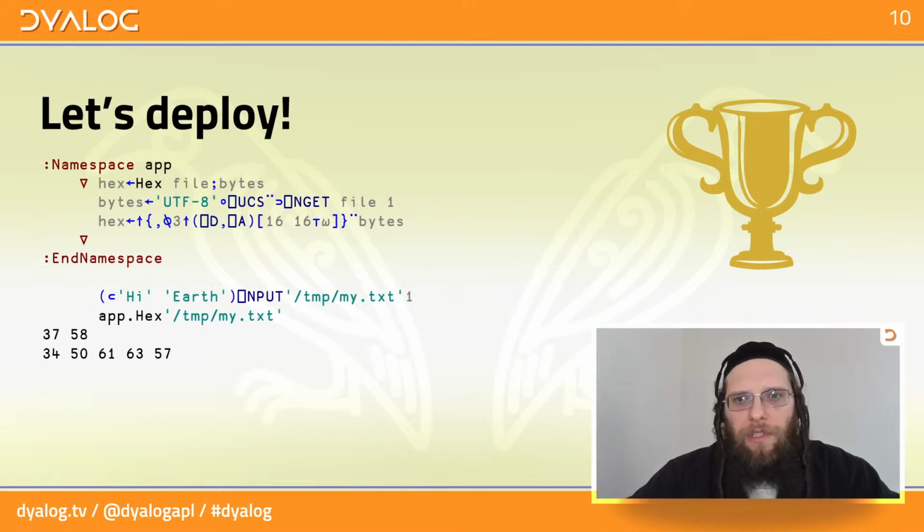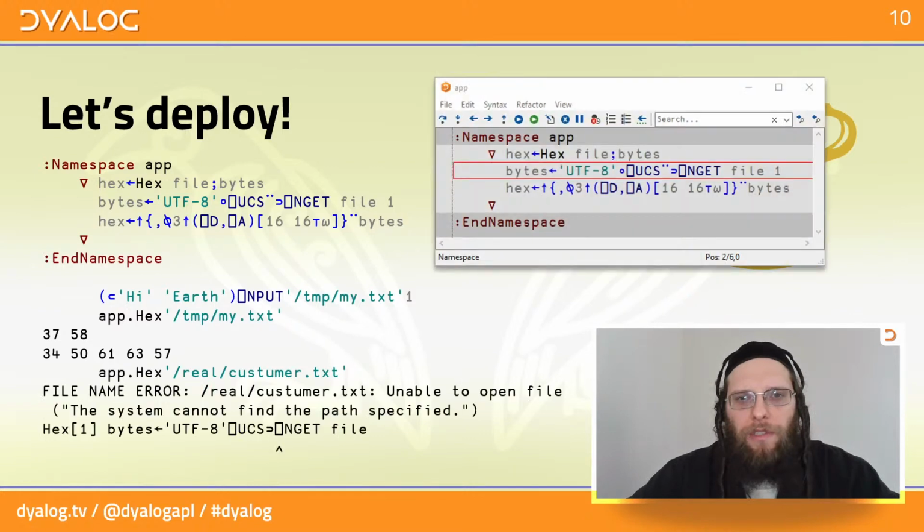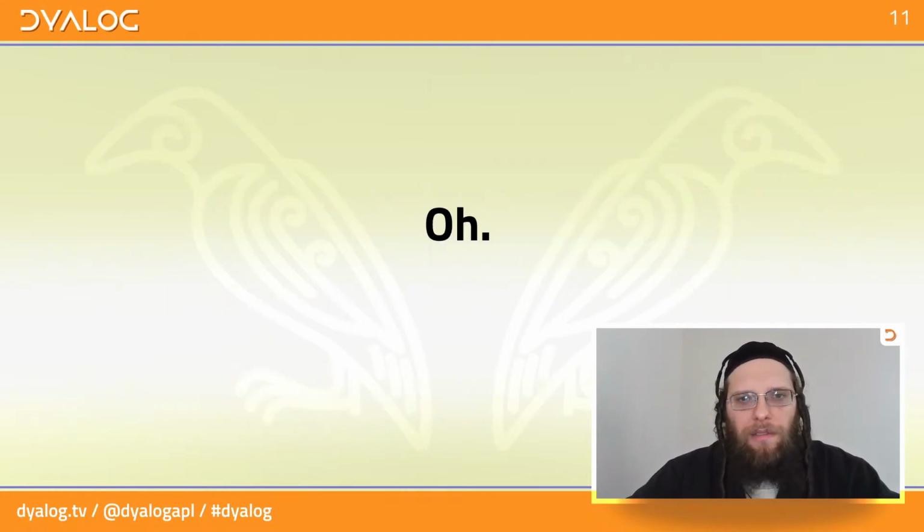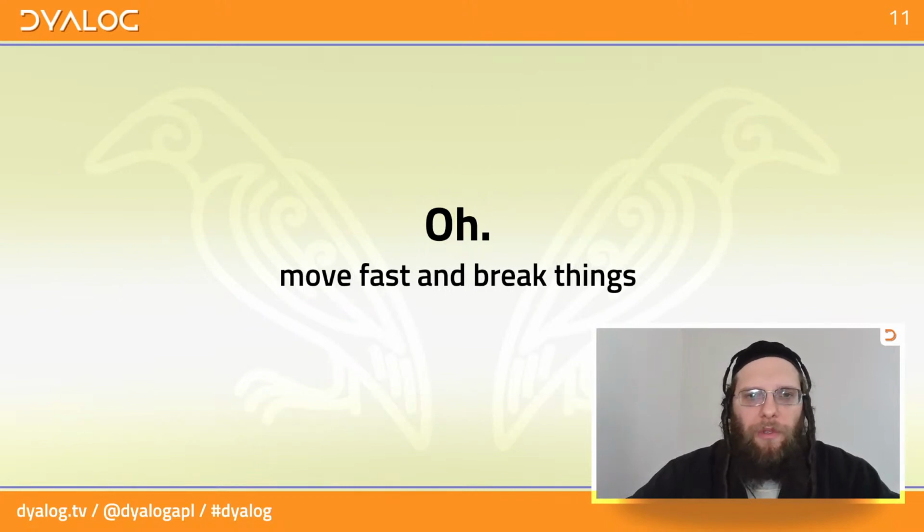Once we ship this to the end users, they might try to run the application on one of their real files, and all of a sudden APL suspends with a tracer open, and, yeah, maybe we were deploying a little bit too fast.